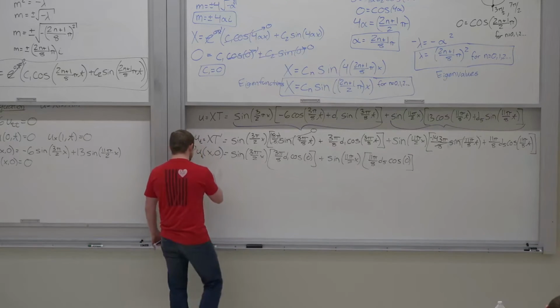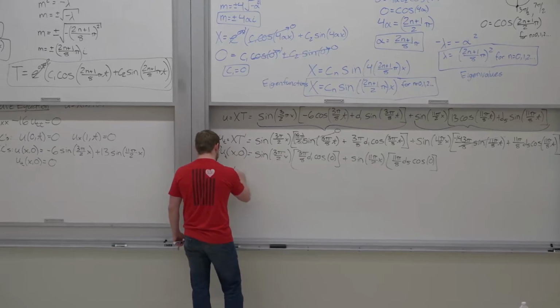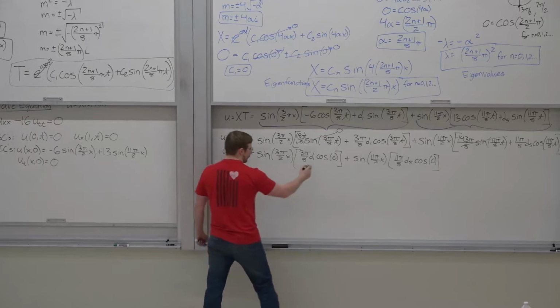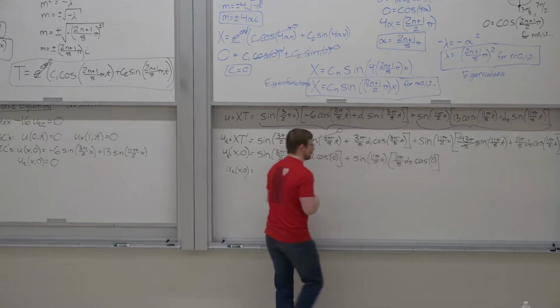So we have u_t of x and 0 is equal to, I know that my cosines are just going to go to 1.